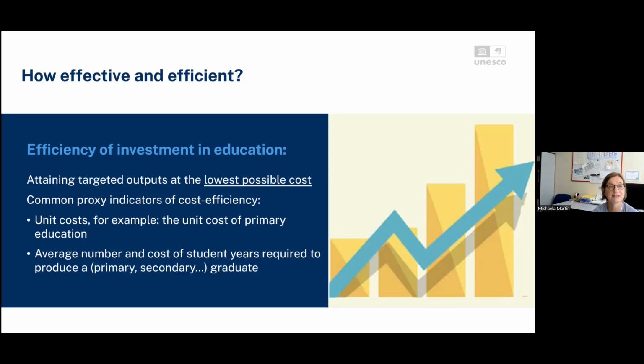There's a theoretical number of years, say 5 years, but given the number of repetitions and dropouts, we have to allocate the years spent to the average number it takes to graduate a primary school leaver. And so here we get another benchmark for analyzing the efficiency of our education system.